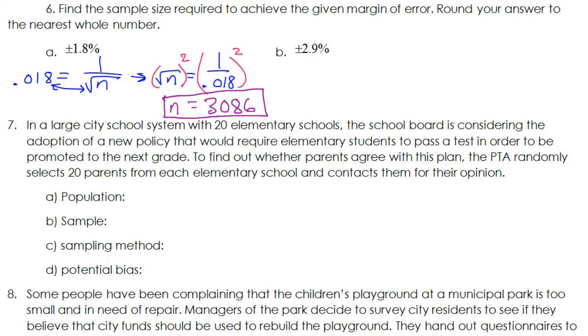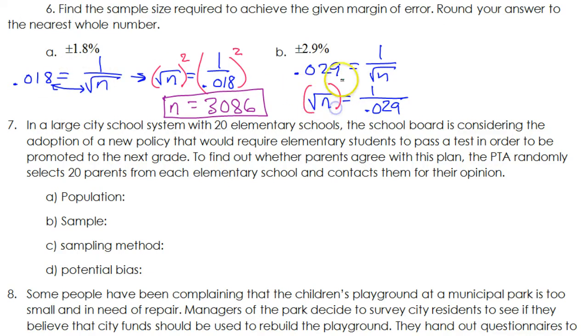Okay, let's do that again right here. Again, if I move that decimal point over twice, I'm going to get 0.029 is going to equal 1 over the square root of n. Swapping these is going to give me the square root of n is equal to 1 over 0.029.